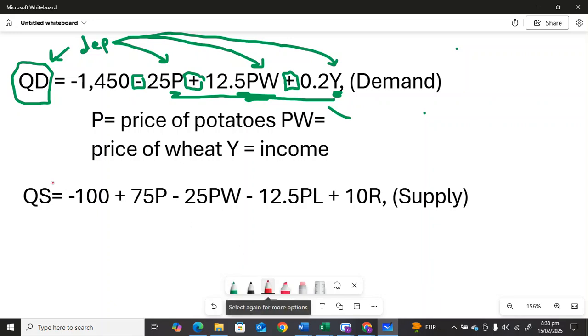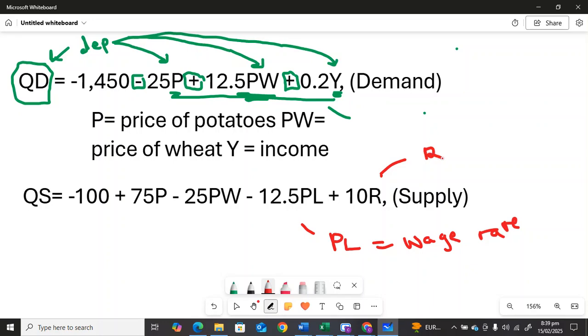Okay, we have our supply function. PL is just the wage rate, price of labor, so wage. R is rainfall in inches or in millimeters.